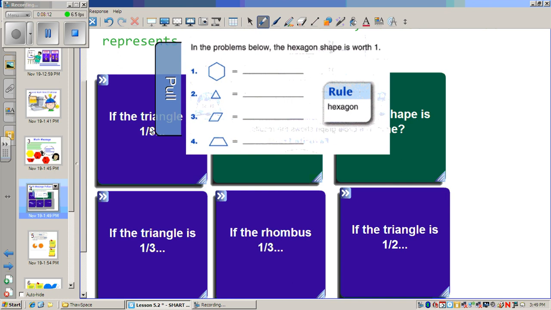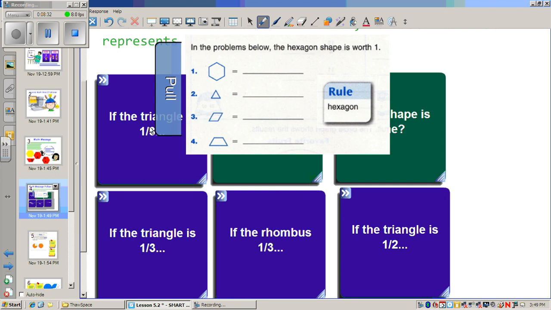In the problems below, the hexagon shape is worth 1. So if I have a hexagon, that equals 1. But how many triangles can fit into my hexagon? How many of my rhombuses and how many of my trapezoids? So if it equals a whole, then how many of these?